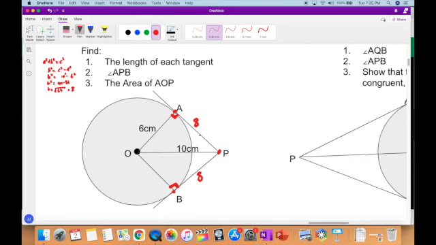The angle APB, which is this angle over here. How could we work that out? Adjacent and hypotenuse. Which one is the adjacent? The adjacent is 8, and the hypotenuse is 10. But wouldn't that be just finding this angle here though?